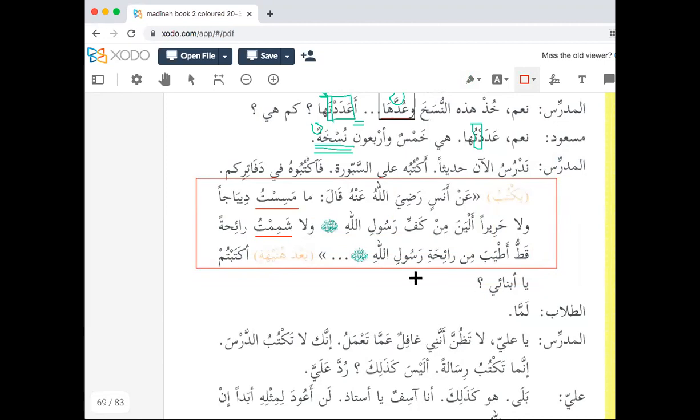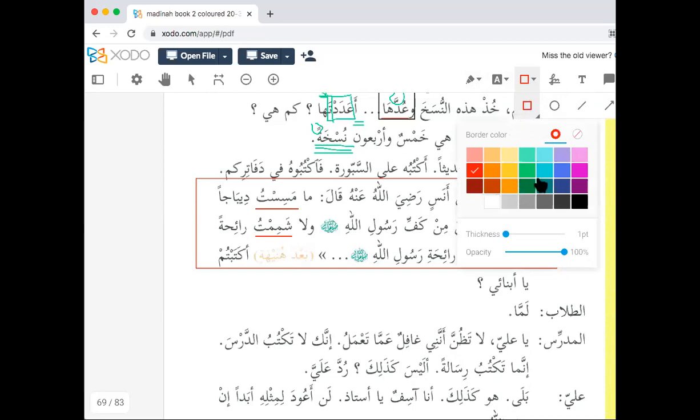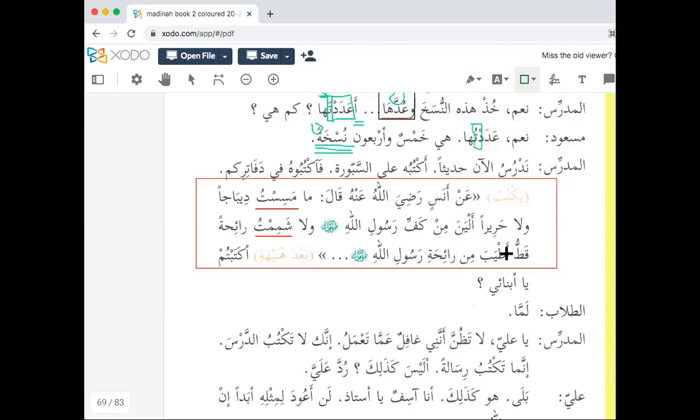But in this lesson, Dars al-Tasi wal-Ashrun, they're also introducing this word, qattu, which means never. It refers to something never ever happening in the past, something never having ever occurred in the past.